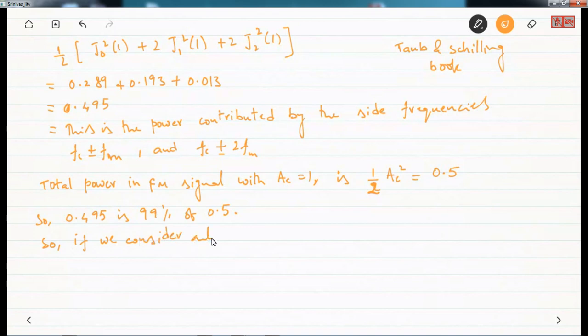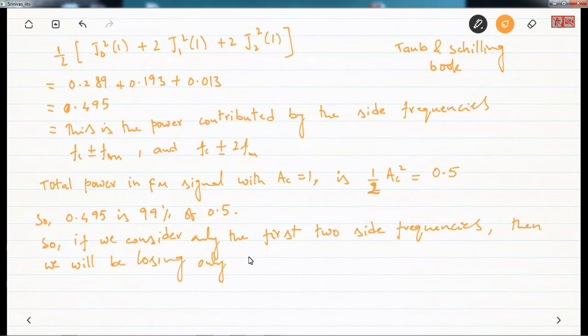If we consider only the first two side frequencies, then we will be losing only 1% of the power, right?